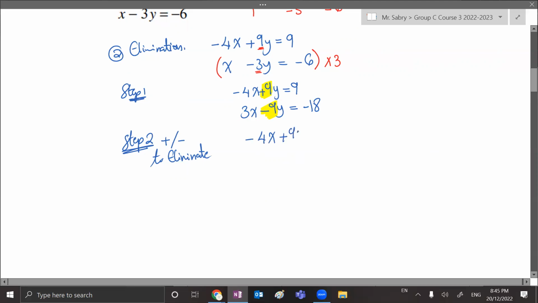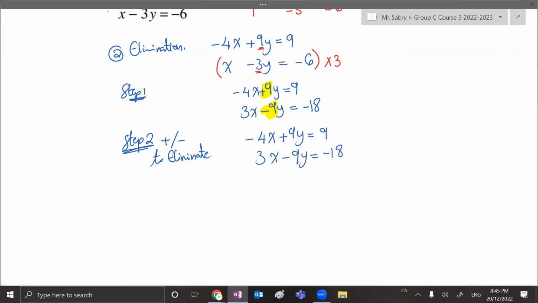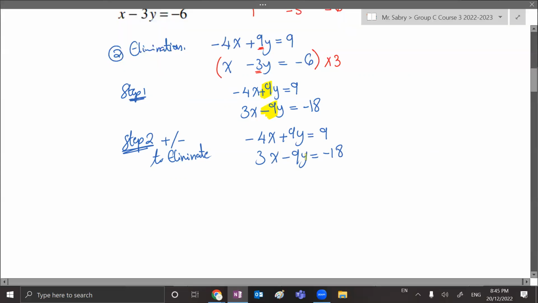If they have the same signs, we will subtract them. If they have different signs, we will add them. So when you look at this case now, clearly this one is positive 9 while this one is negative 9. So therefore, we are going to add them. Add everything up with everything down.